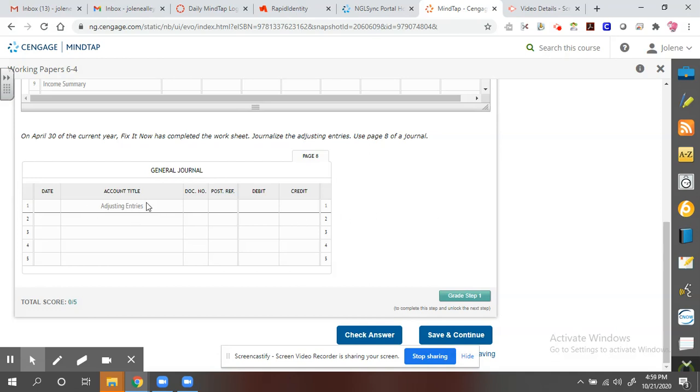If you're doing this for real, you would actually center first on the account title line and say adjusting entries. And then underneath this is where you would put April 30. Remember, you have to put the debit account first.